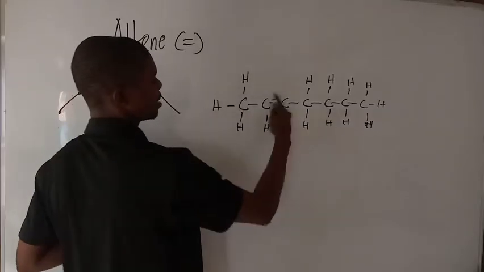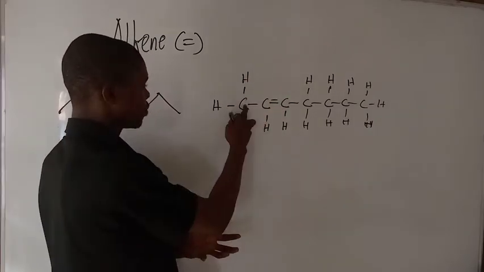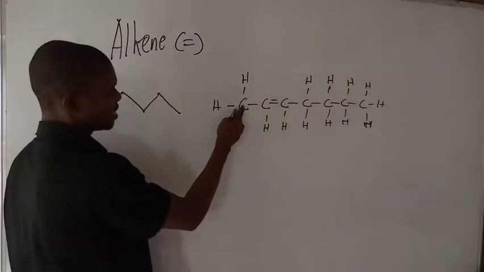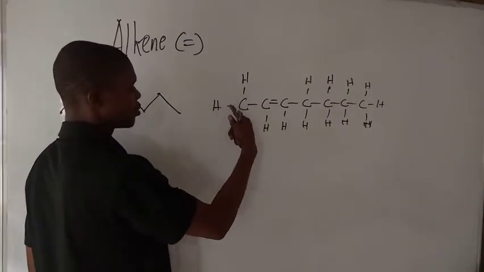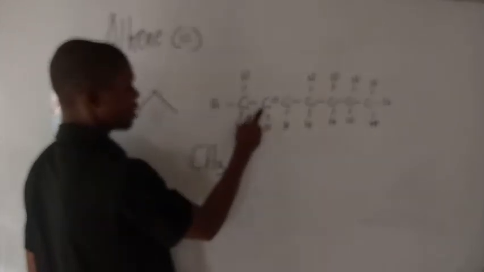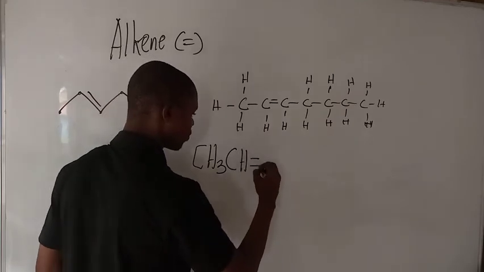If you don't want to show the number of bonds or the way the hydrogens are placed on the carbon atoms, you can write the condensed structure. This carbon atom has 3 hydrogens, so it is CH3. This one has 1 hydrogen, so it is CH, with the double bond here.